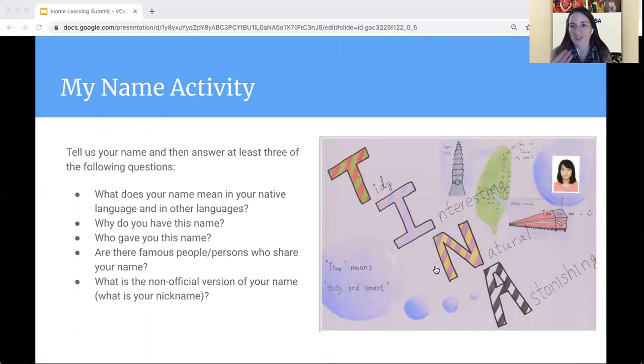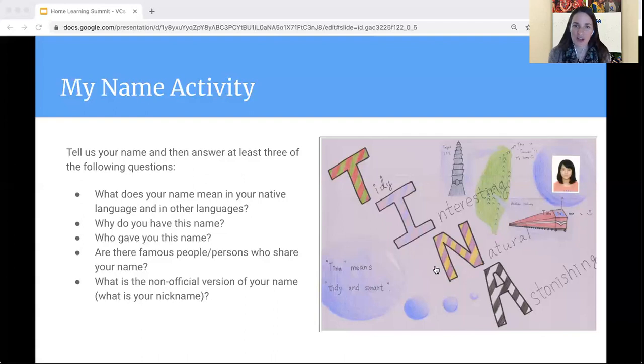Is there any fun story behind their name that they'd want to share? Who gave them the name? Is it from another family member? Are there other famous people in their country that share that name? And do they have any unofficial versions of their name, nicknames, or other names that they go by from their friends? So do some preparation in advance to share about yourself through the story of your name.